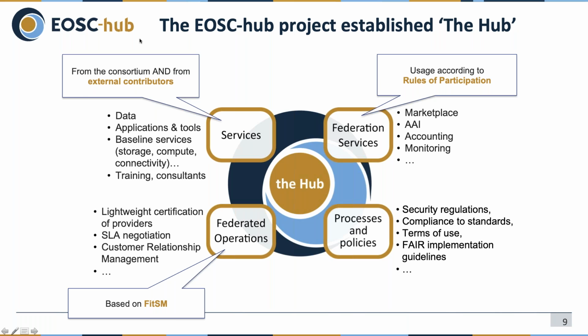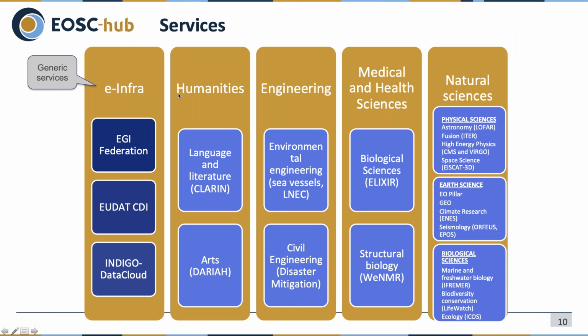In this webinar, I will go into the details of the first area, the services, because these are the ones that are relevant for the early adopter program. The services that the EOSC-hub project offers range from generic services that are applicable and relevant for any discipline to more science discipline specific services that range from humanities through engineering, medical and health sciences to natural sciences.